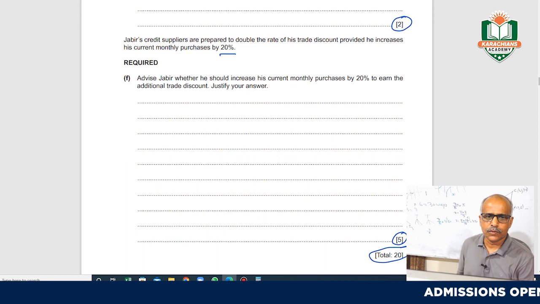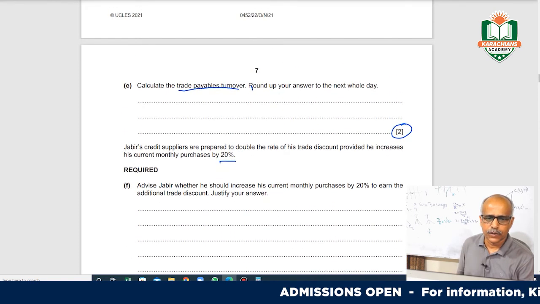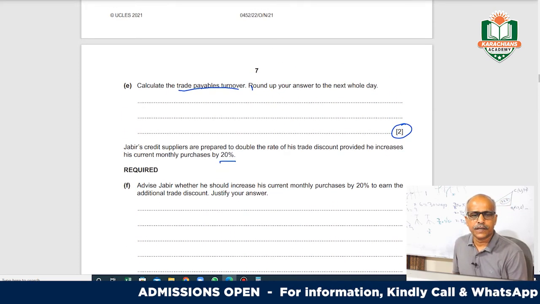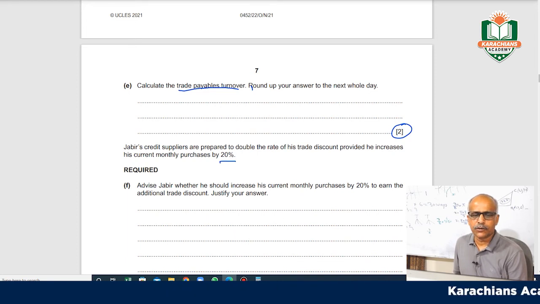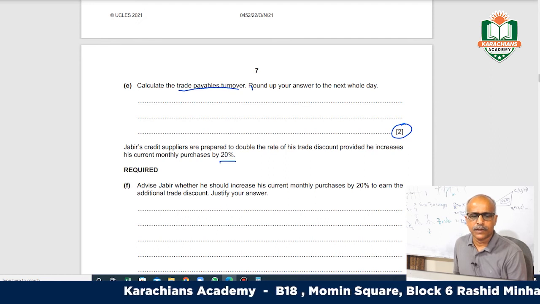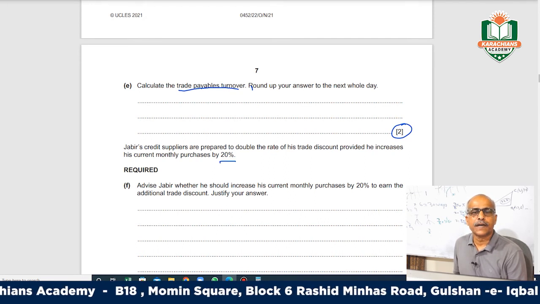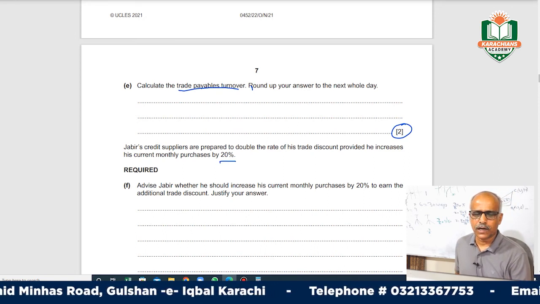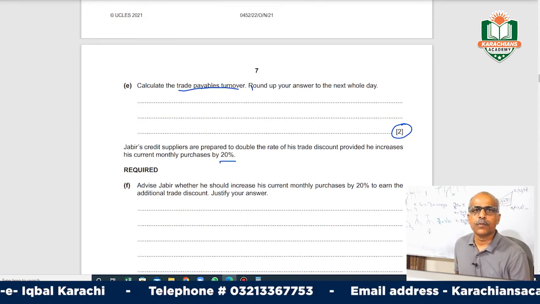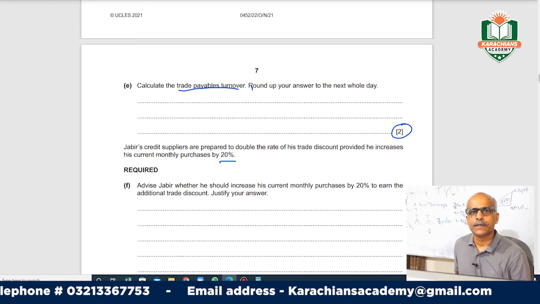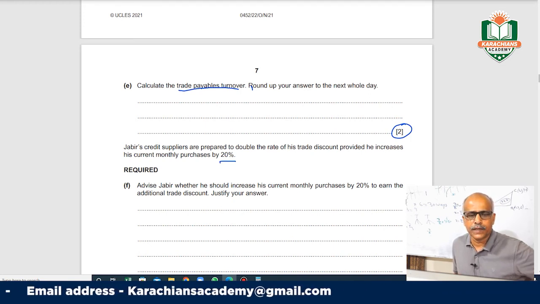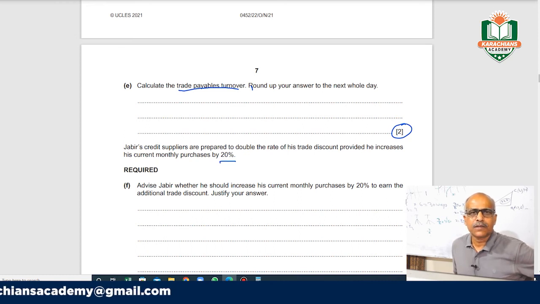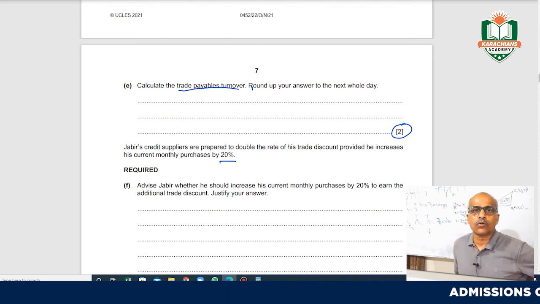And in E, what is the requirement? It was trade payable. Advise Jabir whether he should increase his current monthly purchase by 20% for an additional trade discount. Again, I will say this is not a good option, because if you buy more with no sales requirement just to obtain a better discount, you will be accumulating a lot of inventories.